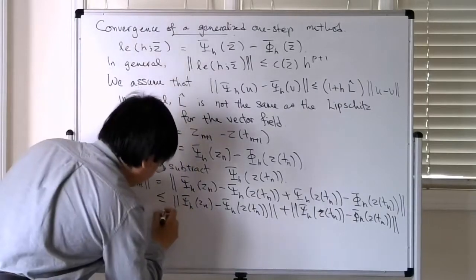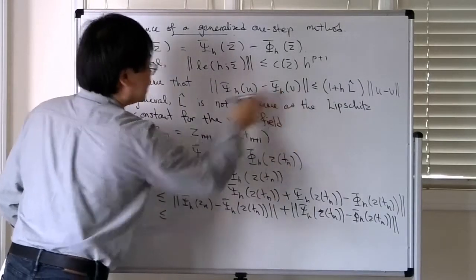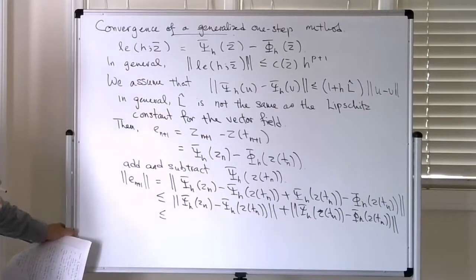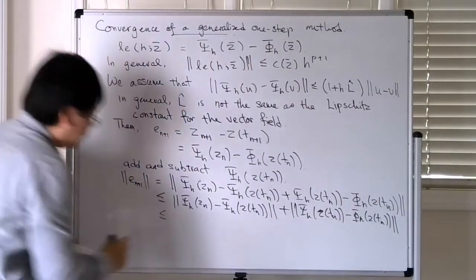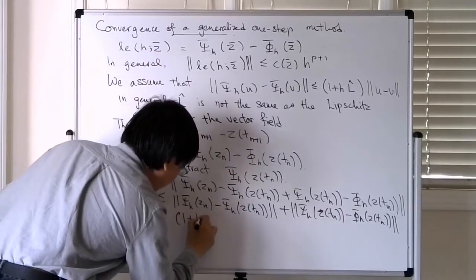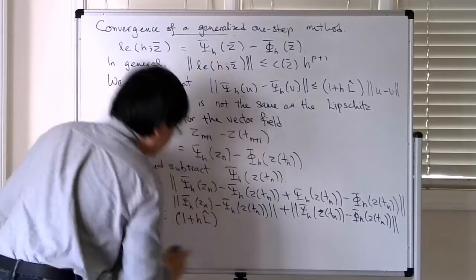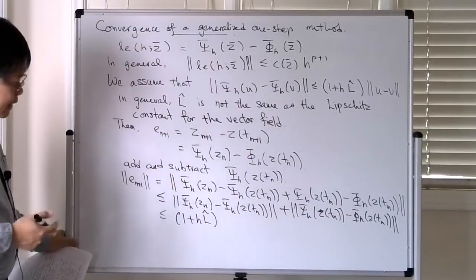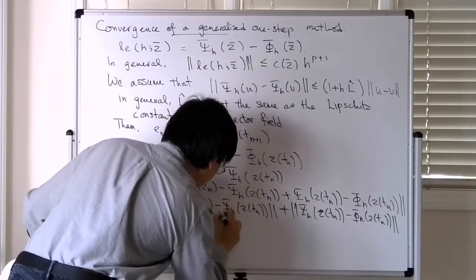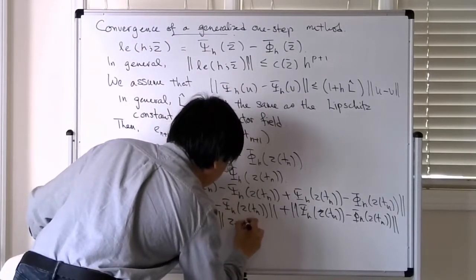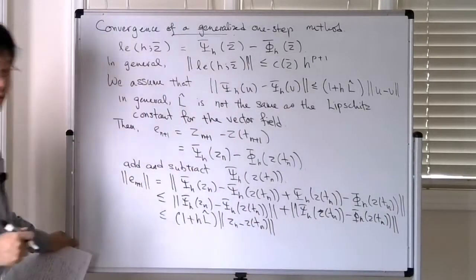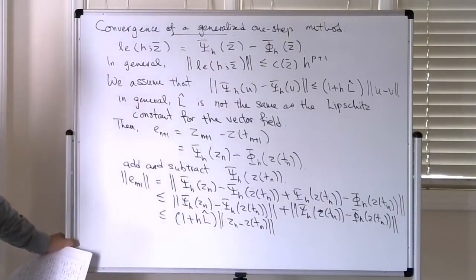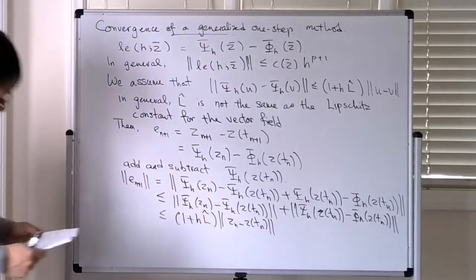Okay, so this first term is bounded using this estimate here in terms of the Lipschitz continuity of the numerical method. So this is 1 plus h L hat times the difference between the data it's being applied to, which is Zn minus Z(tn). And of course, you should recognize that this is nothing more than the error at the nth stage.